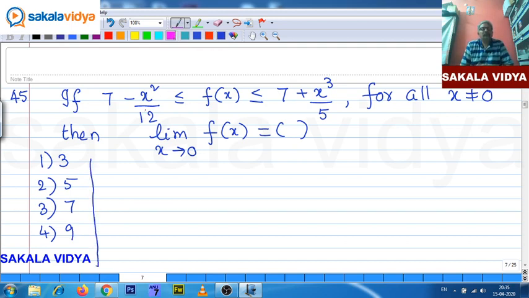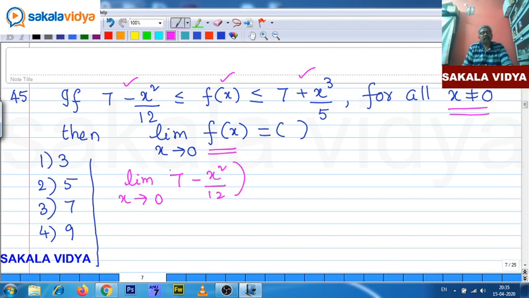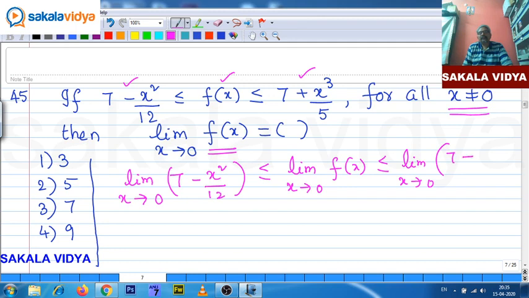Okay, now 7 minus x square by 12 is less than or equal to f of x, less than or equal to 7 plus x cube by 5 for all x not equal to 0. Then we need to find limit x tends to 0 of f of x. This seems to be the sandwich theorem, or squeeze principle. Apply the limit. So you get limit x approaches 0 of 7 minus x square by 12, less than or equal to limit x approaches 0 of f of x, less than or equal to limit x approaches 0 of 7 plus x cube by 5.